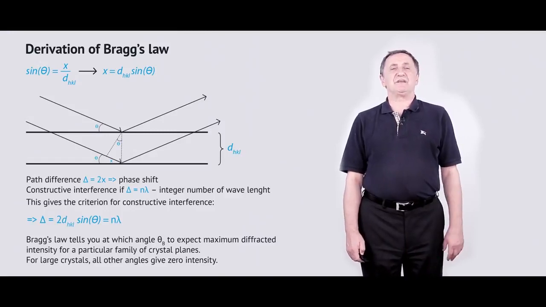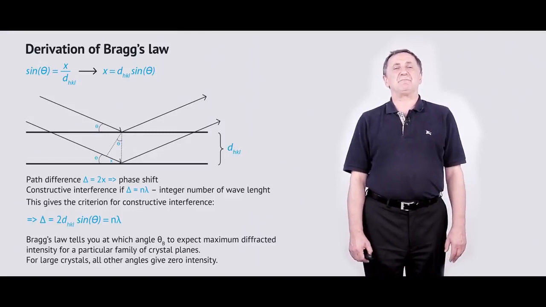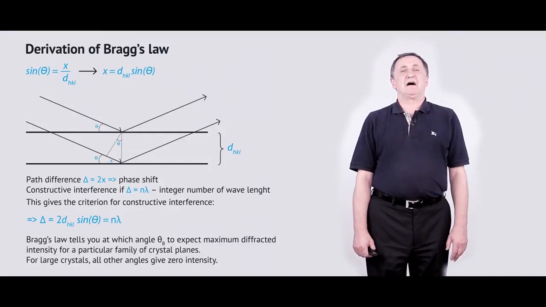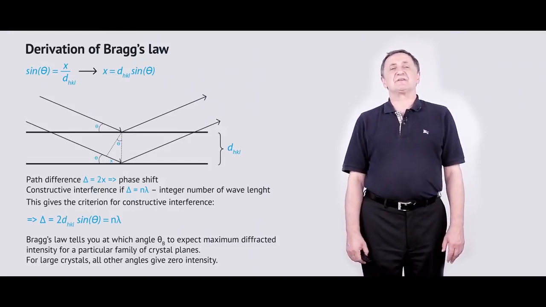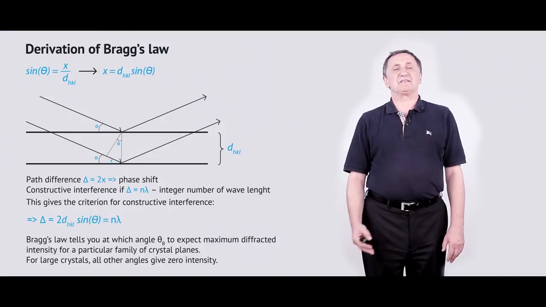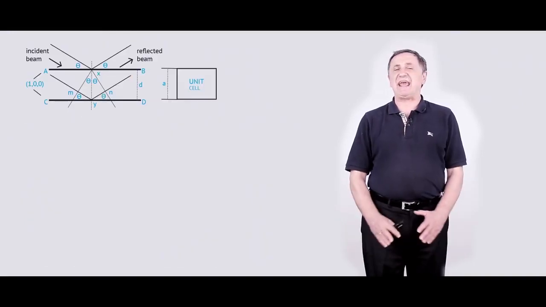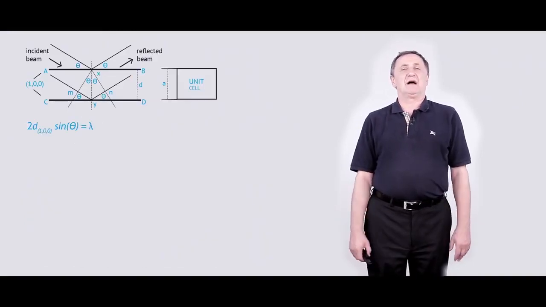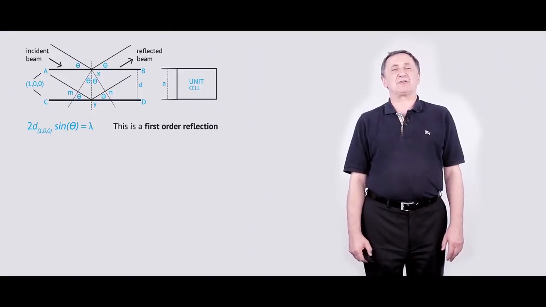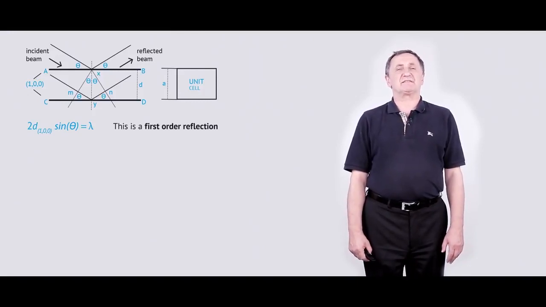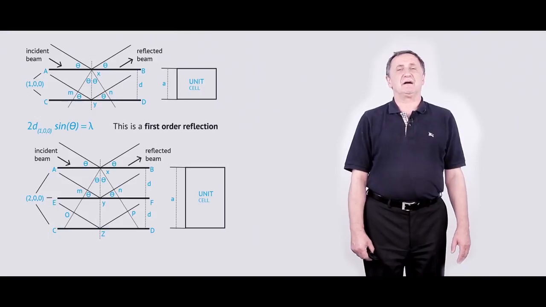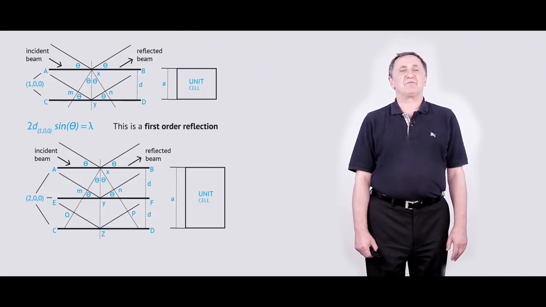It's very easy to obtain that this may happen only at reflection angles related to the wavelength and to the d-spacing between any parallel planes inside our crystal structure: 2 d_hkl sin theta equals n lambda, an integer number of lambda.